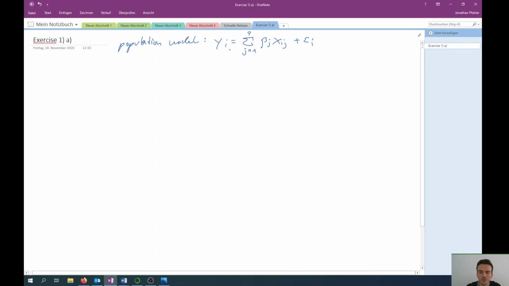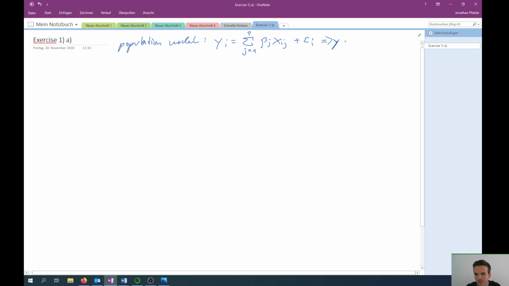So you should all know this equation here. This is the population model from the multivariate OLS regression. So you see that we have multiple betas and multiple features here. I just notated this in sum. You can also write this in matrix form.